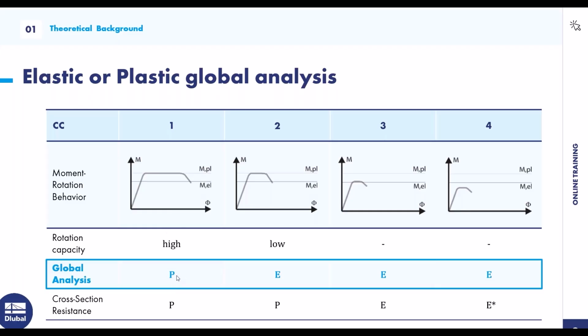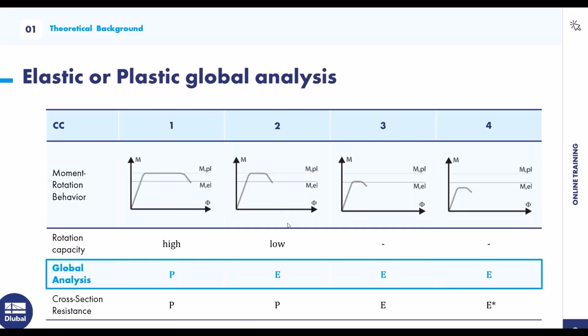Now, for example, you can consider plastic hinges, but it's not so often used in practice. And the cross-section resistance can be applied plastically.